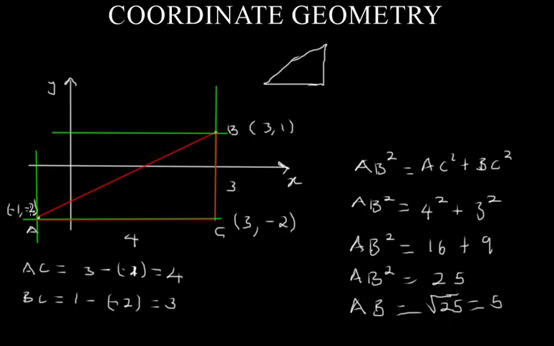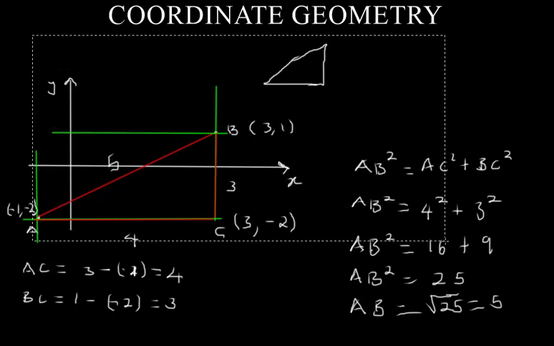So the distance from A to B is 5 units. So maybe this proves to be a bit complicated, but let's look at another example and we will be able to make our brain cells understand this concept a bit more clearly.